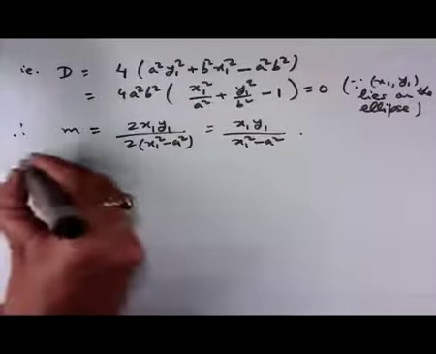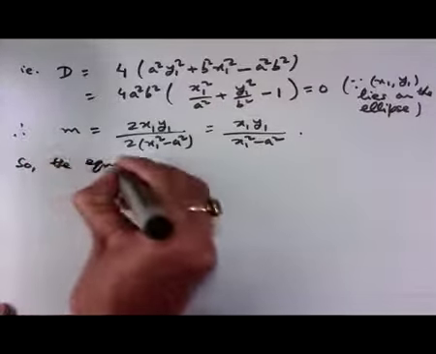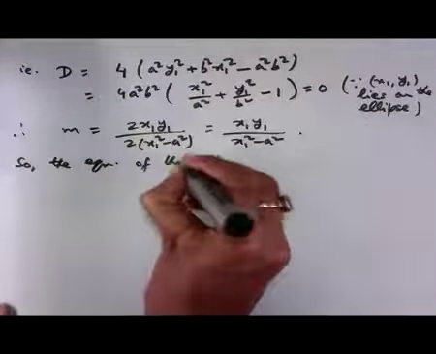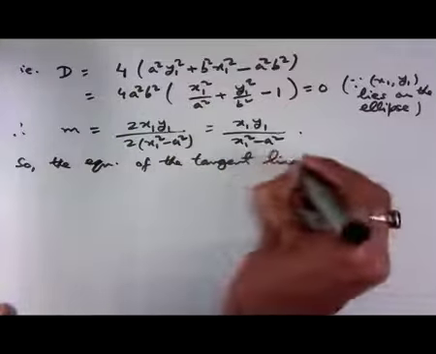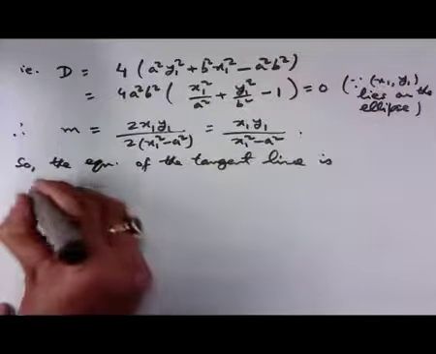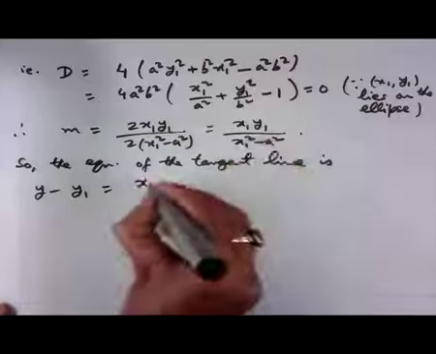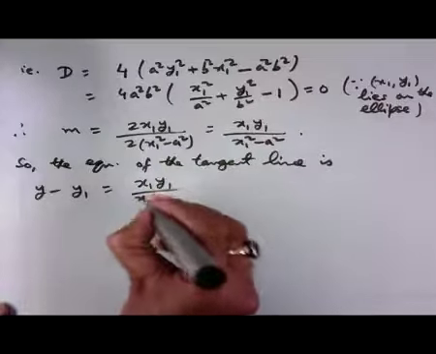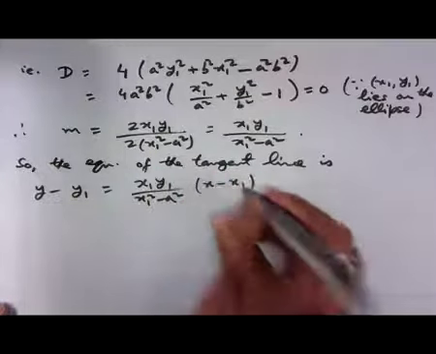So, the equation of the tangent line is y minus y1 equal to m, which is x1 y1 by (x1 square minus a square), times (x minus x1).